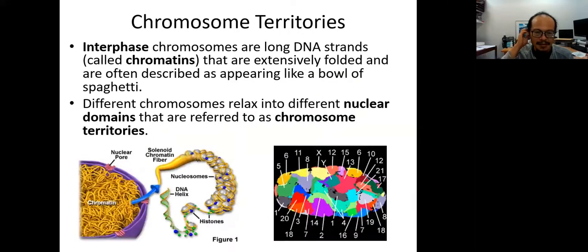So this is the chromatin. What we learned about this one is that even though they are not packed, their distribution is not overlapped. Each chromosome will spread in a regular manner, meaning that it will spread in a specific territory. We call this territory a chromosome territory. So that's something we need to know.